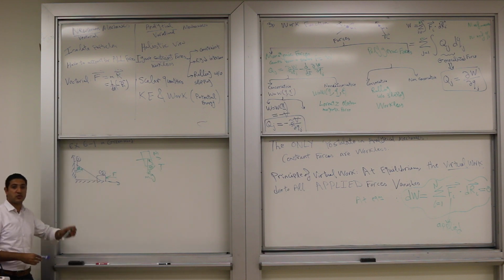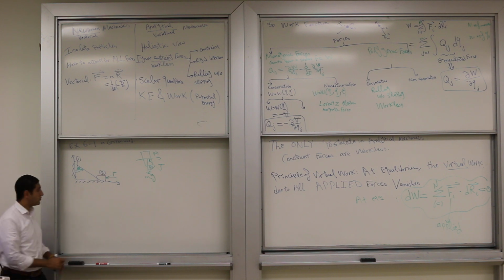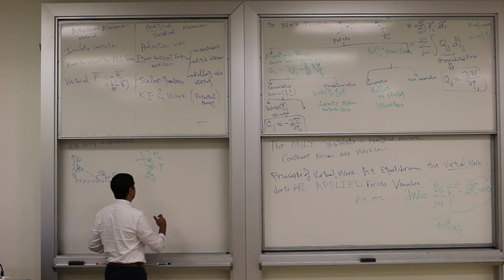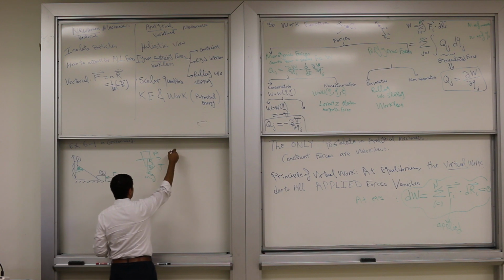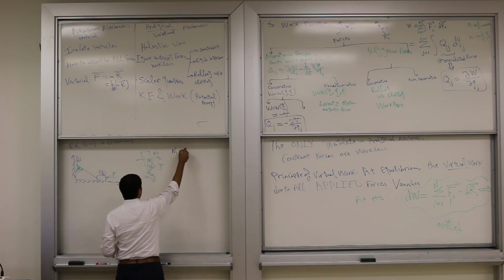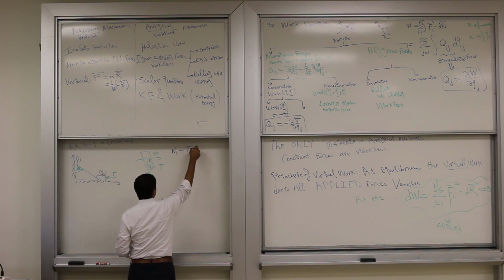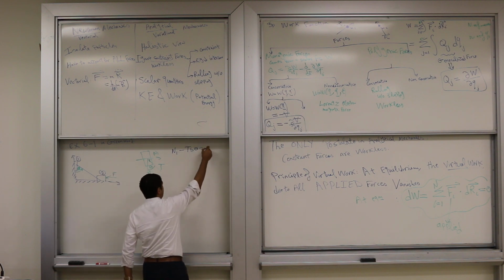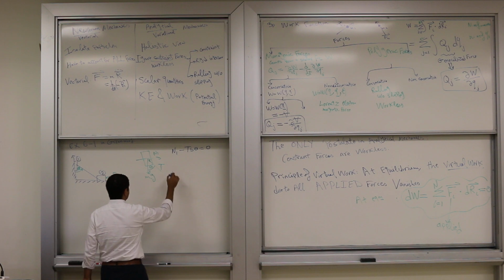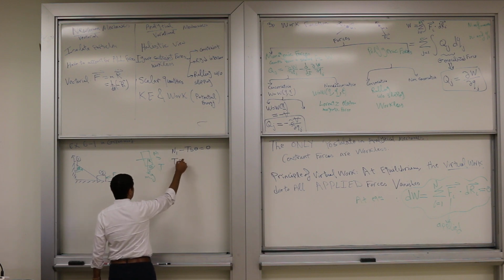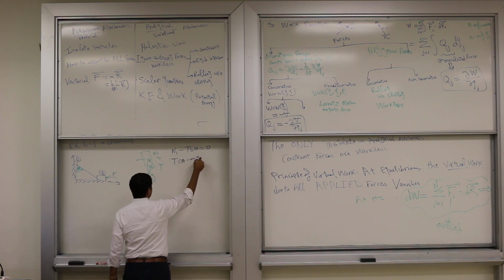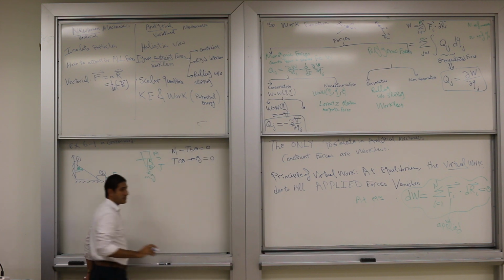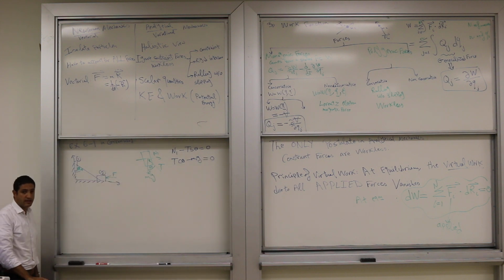And how many equations will I write for this mass? Two, right? Horizontal and vertical. The horizontal one says N1 minus T sine theta should equal mass times the acceleration in the x direction, but it's 0 because we are at equilibrium. The second equation says that T cosine theta minus M1G is again 0 because there is no motion along the y. Any question about that?